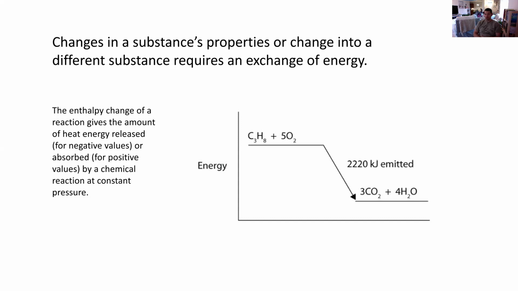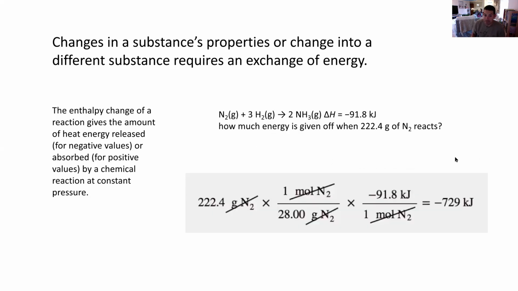Or we could just write the reaction as is and then include delta H. That would be the enthalpy change, and we would say delta H equals negative 2,220 kilojoules. It would be negative because it's exothermic, so it's saying this reaction has released that amount. Typically we'll see it in that form. Typically we won't see heat written as a reactant or a product. We'll just be given the delta H along with the reaction.